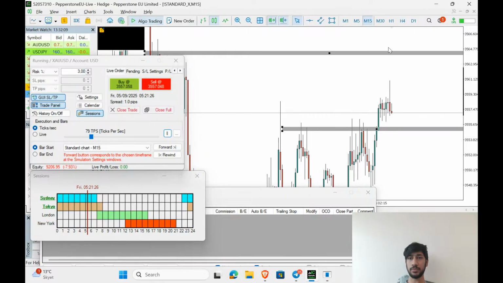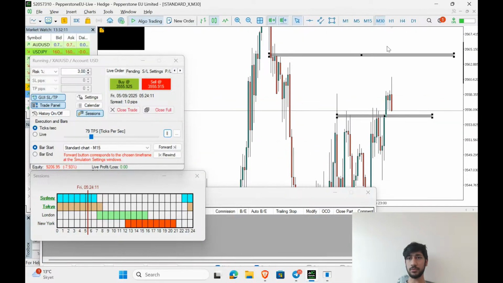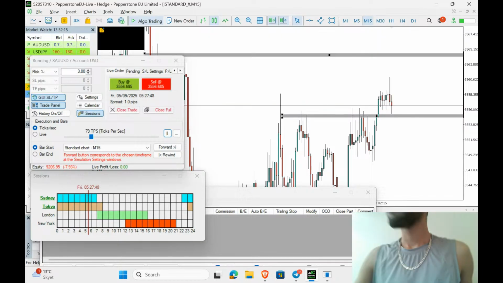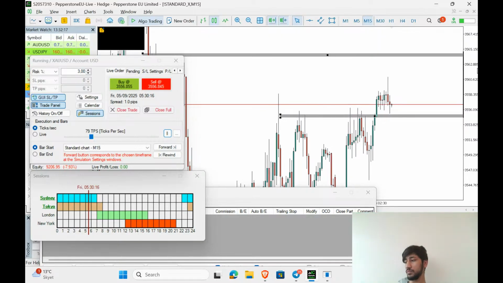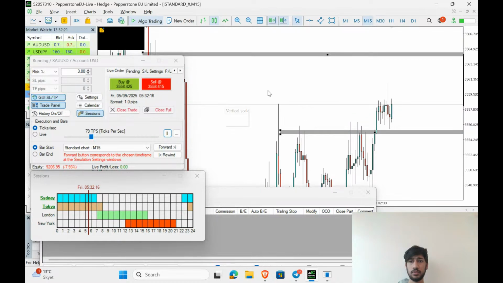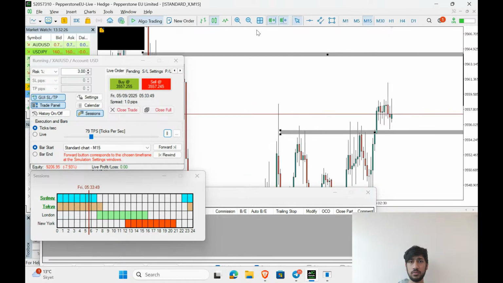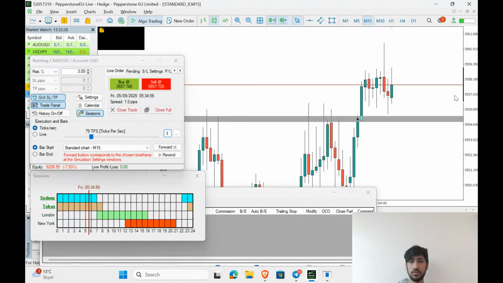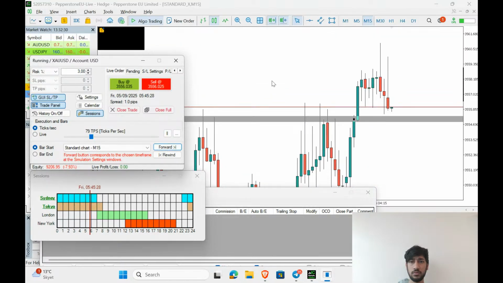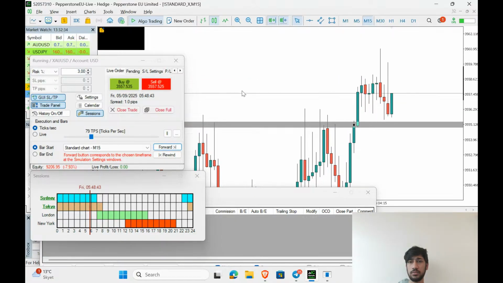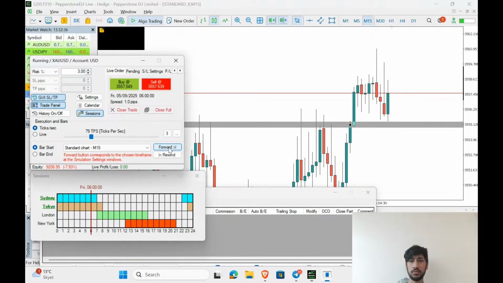Even if it forms bearish, it's not a problem for me. If this forms bullish, ideally it should form bullish, just like that.